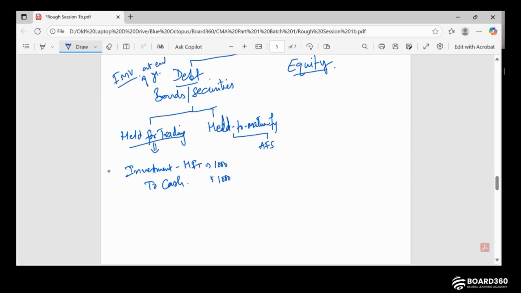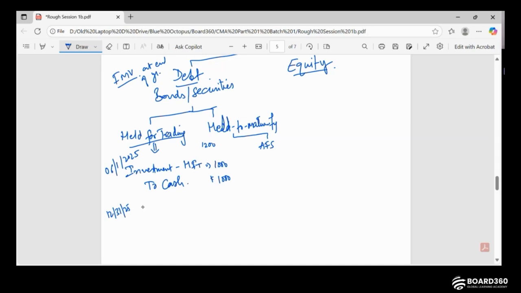Maybe on June 1, 2025. Let's say when you are closing the books on December 31, 2025, the fair market value of this investment goes up to $1,200. So you have to report $200 of profit, which is an unrealized profit or unrealized gain.